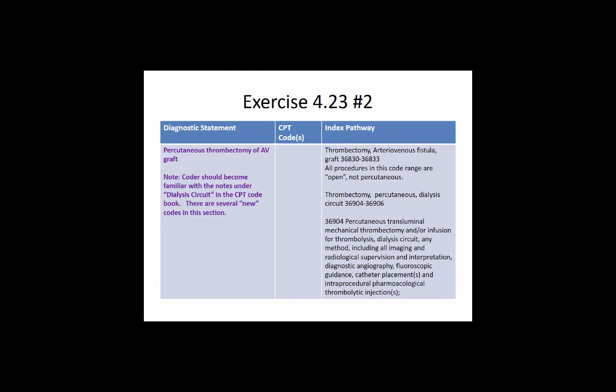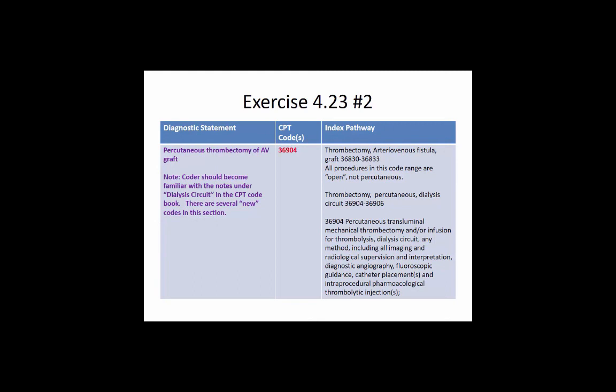And then when I went to the actual code, 36904, and saw that little symbol, it's a new code. Well, no wonder. So, case in point, even if you've been coding a long time, you really need to look at what the new codes are each time the code book comes out new.